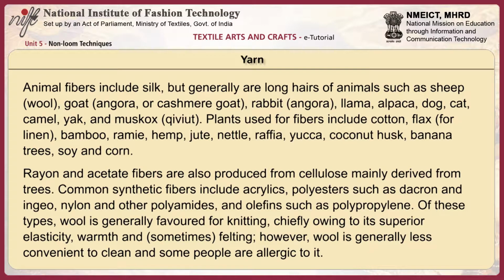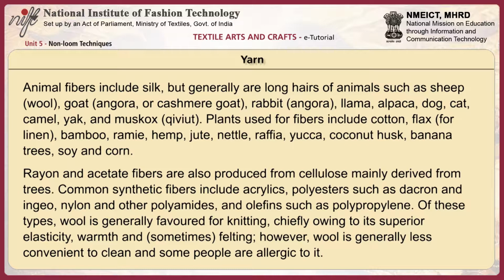Animal fibers include silk but generally are long hairs of animals such as sheep, goat, angora or cashmere goat, rabbit, angora, llama, alpaca, dog, cat, camel, yak and muskox, that is qiviut. Plants used for fibers include cotton, flax for linen, bamboo, ramie, hemp, jute, nettle, raffia, yucca, coconut husk, banana trees, soy and corn.